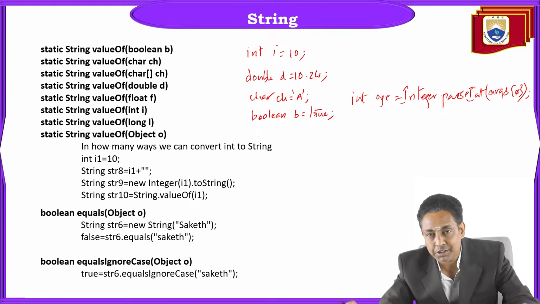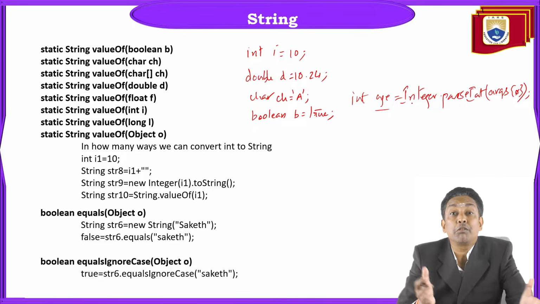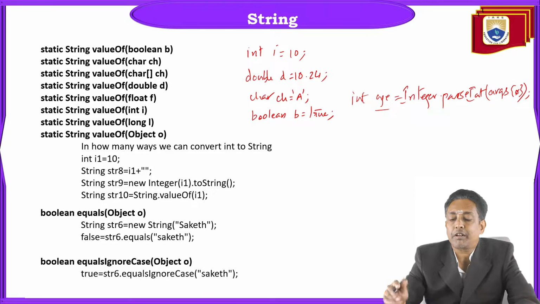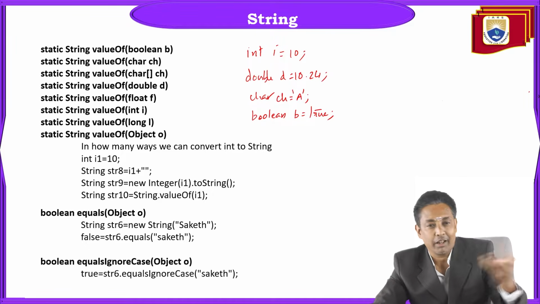The actual value is int only, but it is in the form of a string. To convert it into int, we can't do typecasting, right? We need to use this wrapper class. Similarly for int, long, float, double, char, boolean, for everything. This is completely opposite: we want to convert primitive values into string.